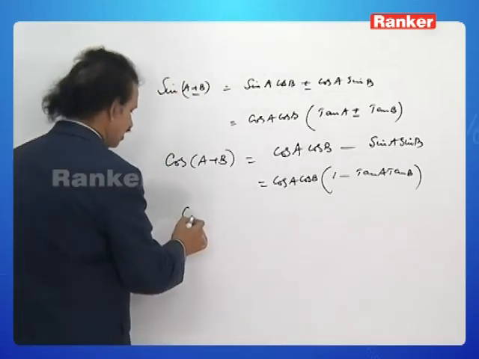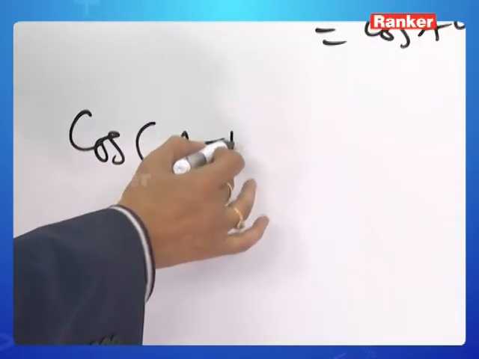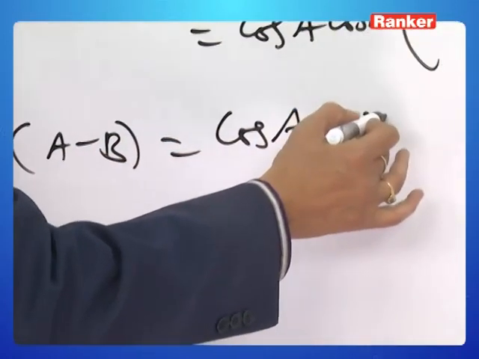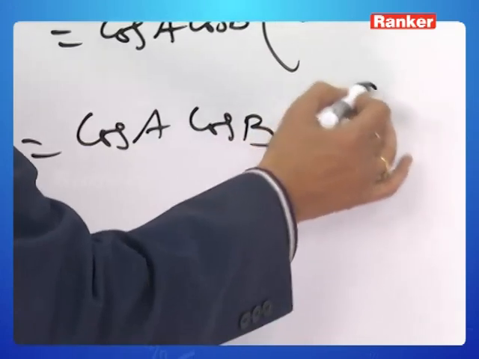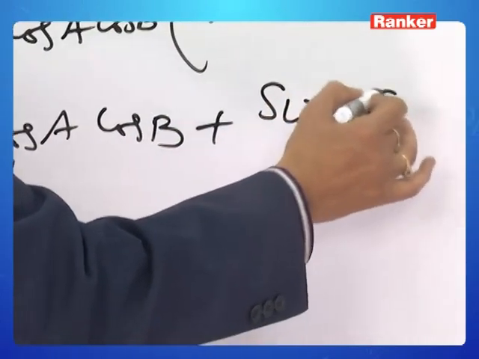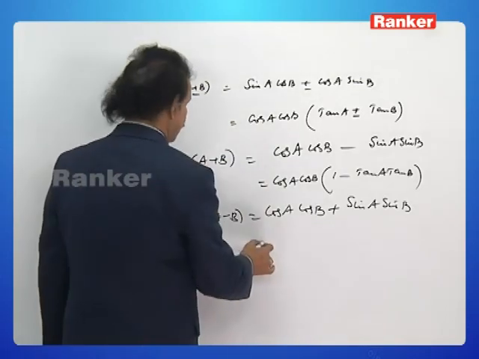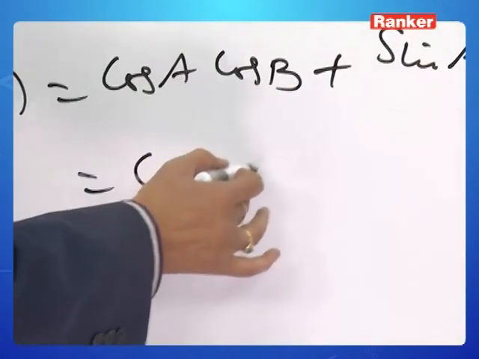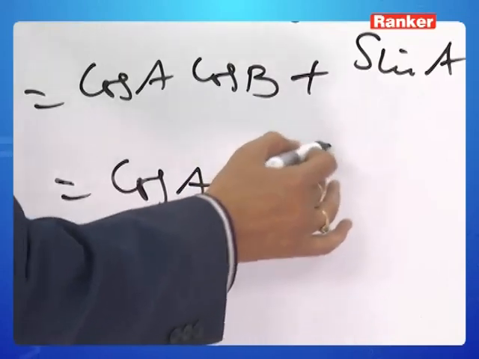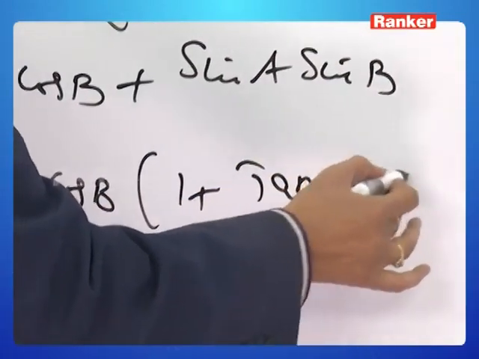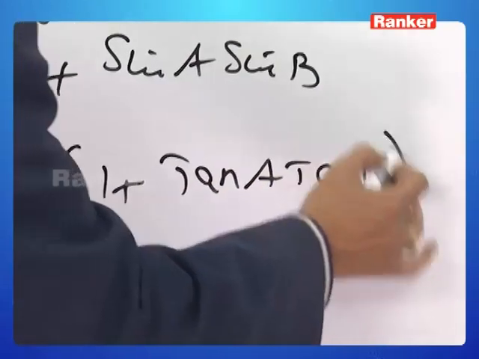Just like that, what is cos of a minus b? Cos of a minus b is equal to cos a cos b plus sine a sine b. You can take cos a cos b as usual as a common factor to have 1 plus tan a tan b.